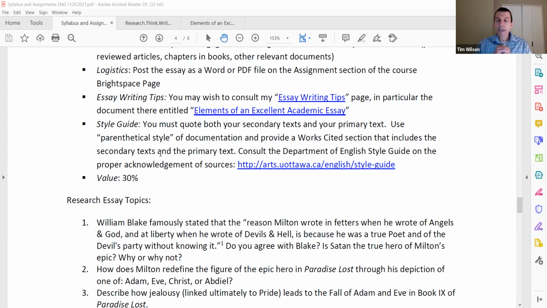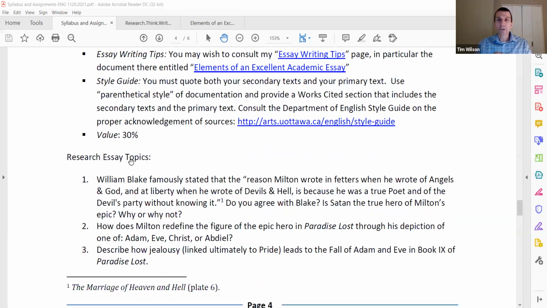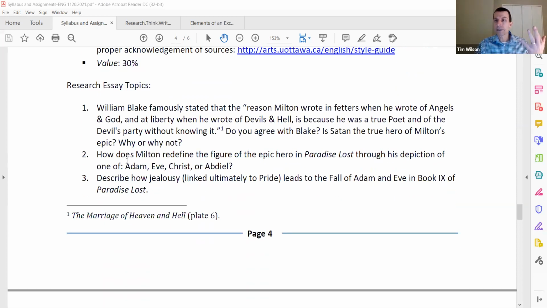If you wanted to use APA or a different style, that's fine, as long as it's clear and consistent. But if you're without a style, so to speak, the MLA style is outlined quite well there. The essay is worth 30%. As always, feel free to raise your hand if you have a question.